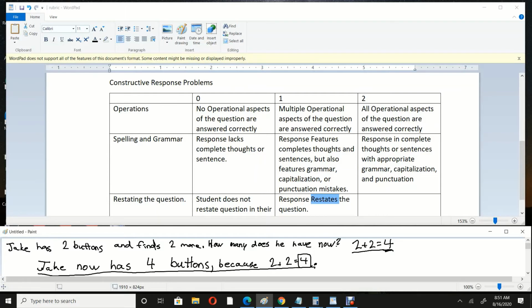So I'm going to get 2 points for my operations because I got the correct answer. I'm going to get 2 points for writing this in a complete sentence. I'm going to get 1 extra point for restating the question in my response. So that's 5 points total on any constructed response problem.